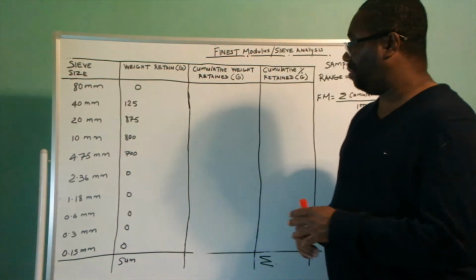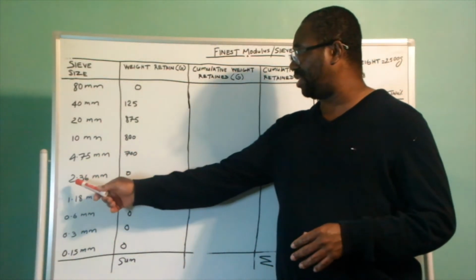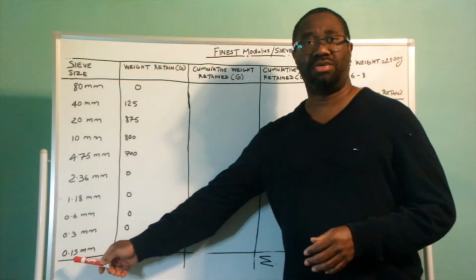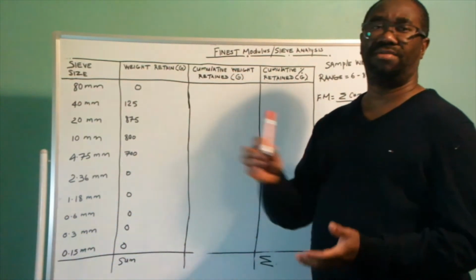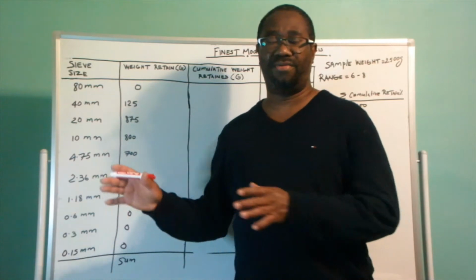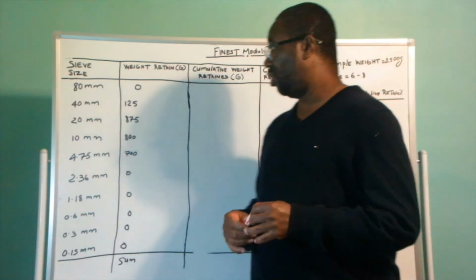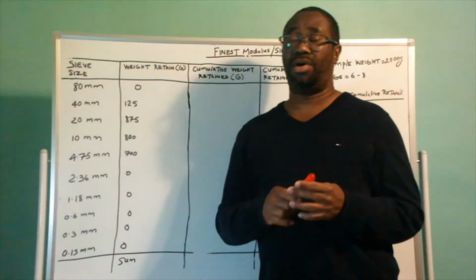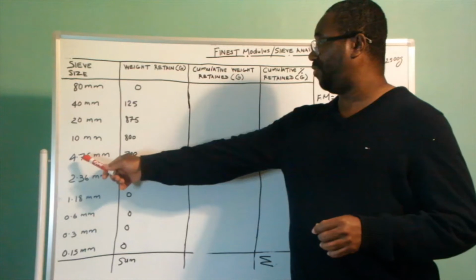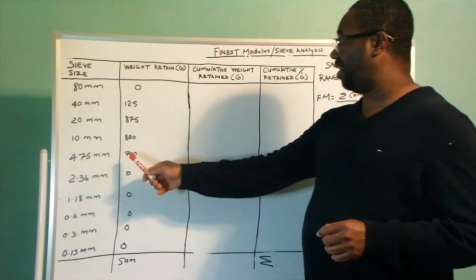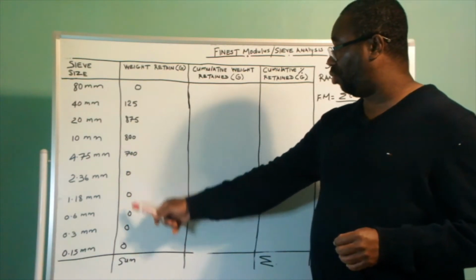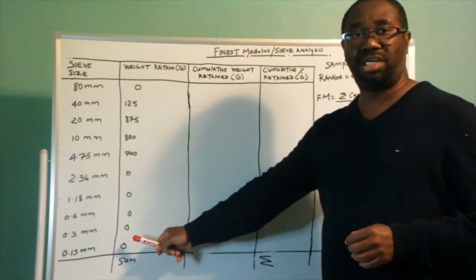So what that means is that the sieve size of 2.36 millimeter down through to 0.15 millimeter, the sieve size is so small that the coarse aggregate was not able to fall through when it was shaken. So one observation that I want to point out to you, that if you notice the sieve which is 4.75, it was 700 grams of material retained, and from that downward you can see that 0 material was retained.